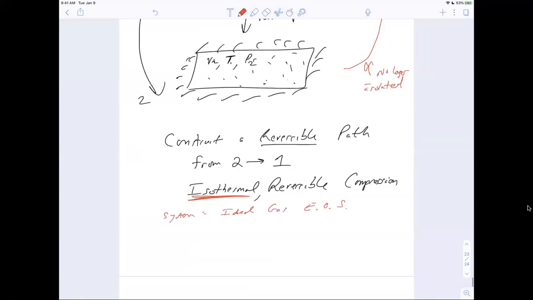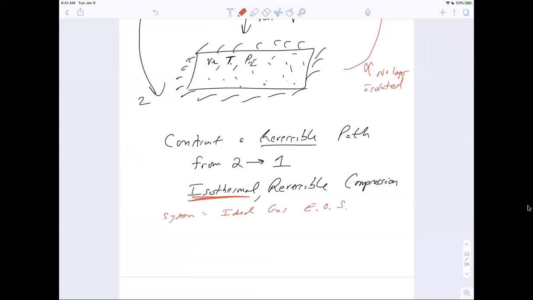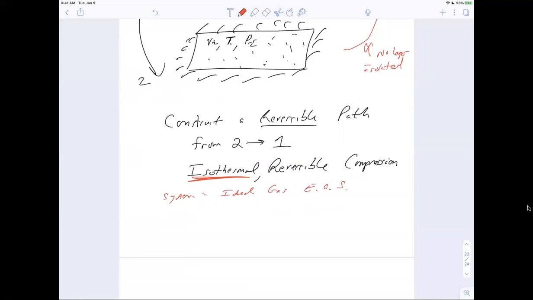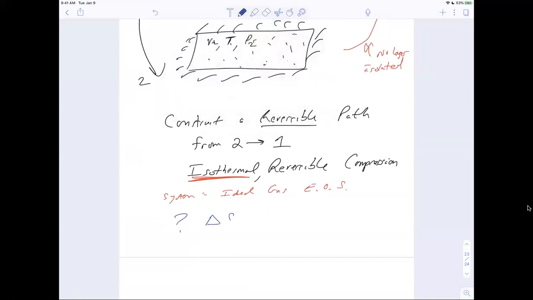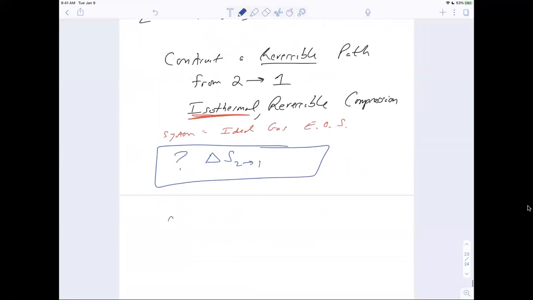All right. So let's see, what are we going to see here? What is delta S? Let's write dS first. So what is delta S for 2 to 1? This is our question. dS for 2 to 1 is equal to dQ reversible, because we said we're going to do this reversibly, isothermally from state 2 to 1.